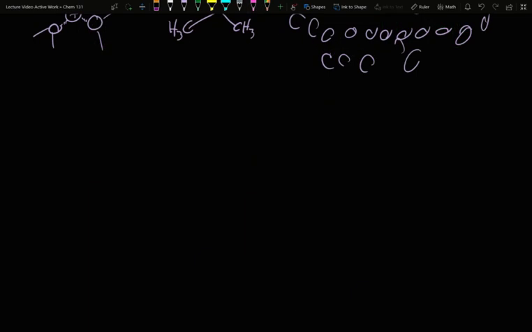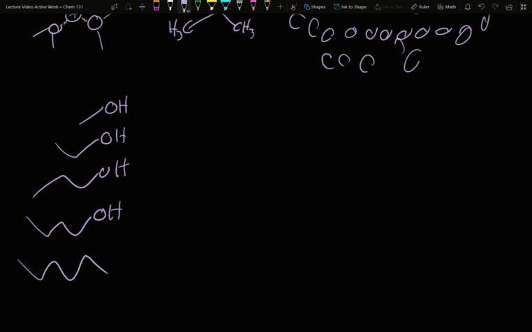Let's think about solubility then. Let's go methanol, ethanol, propanol, butanol, pentanol. Methanol is infinitely water soluble. So let's say water soluble, oil soluble.